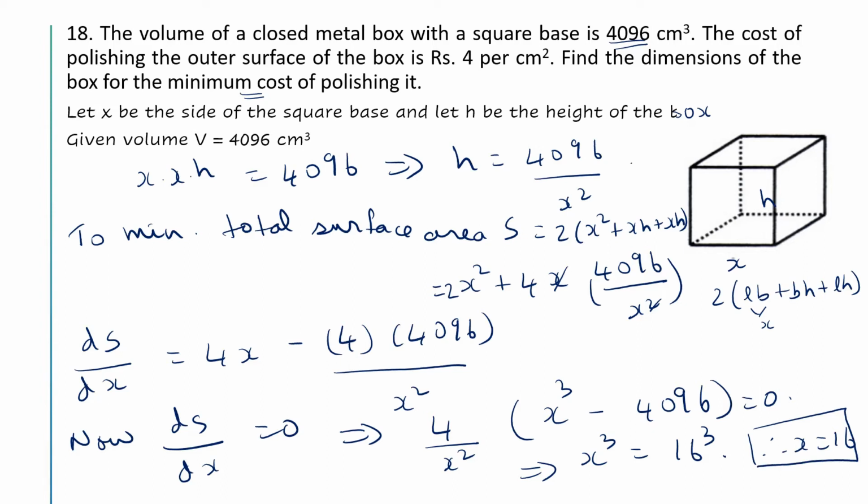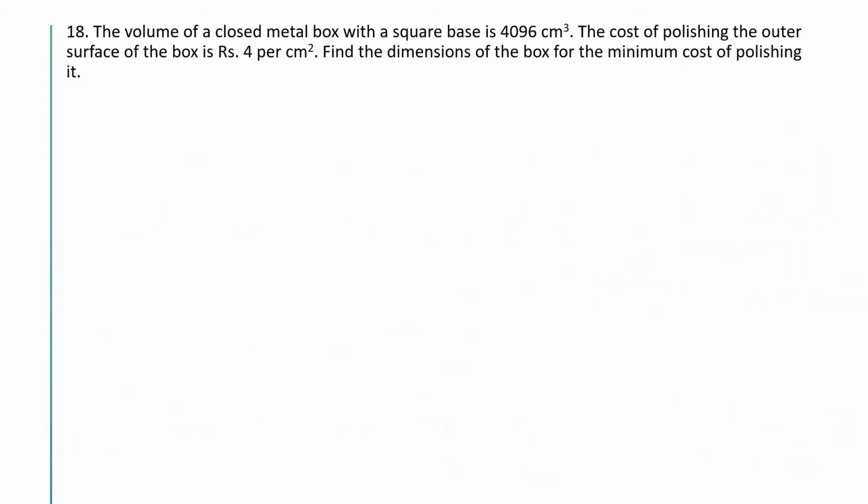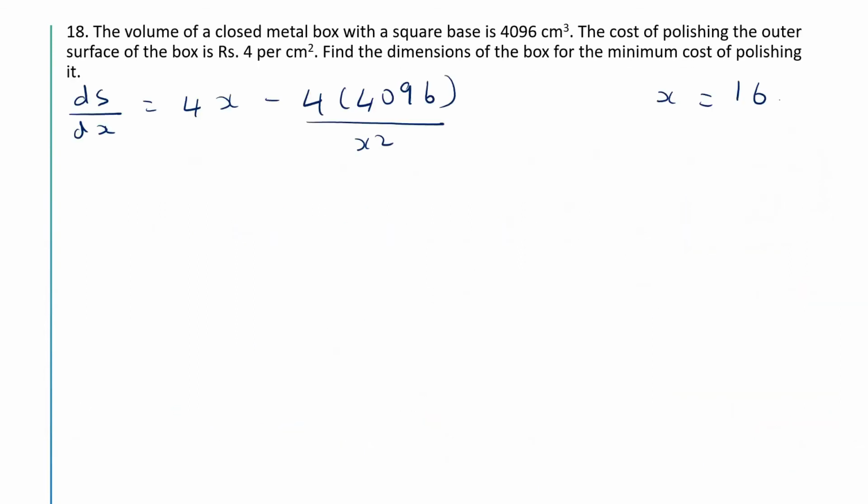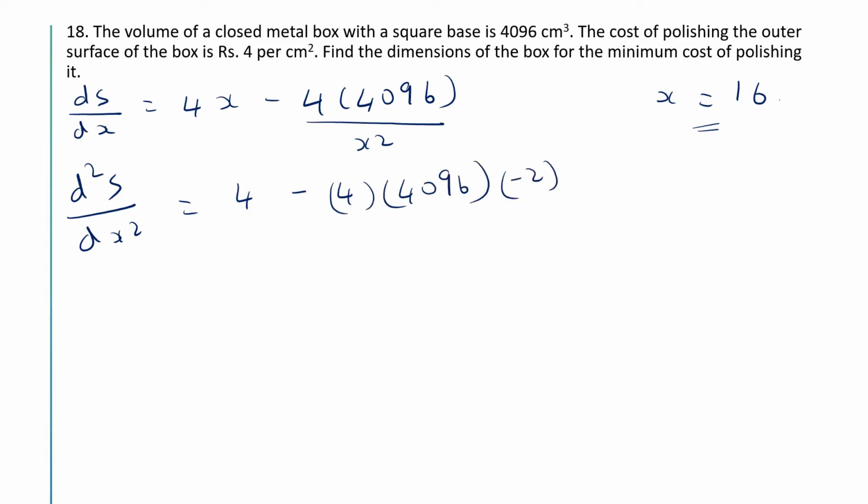Now we will find d square S by dx square. So we got x is equal to 16 by equating dS by dx to 0. Now d square S by dx square is equal to 4 minus 4 into 4096 into minus 2 by x cube.